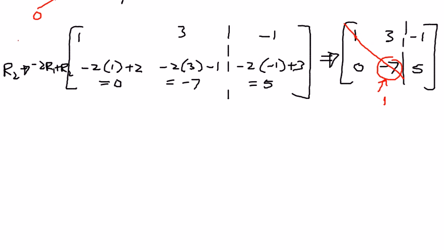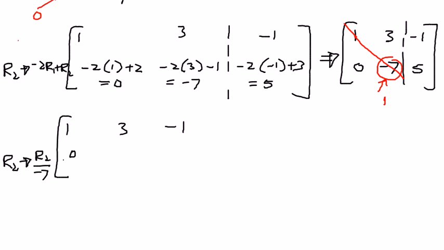The first row comes down as is: 1, 3, negative 1. For the new R2, we can achieve 1 in that location by taking the existing R2 and dividing by negative 7. Since we have a negative 7 in second row, second column, if we divide by negative 7, the value is going to be equal to 1.